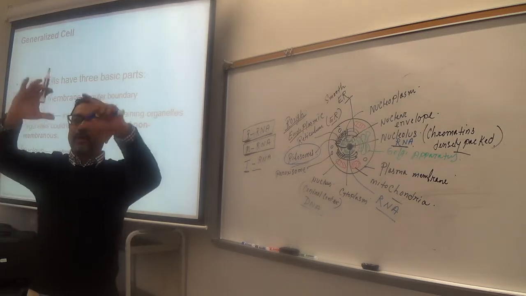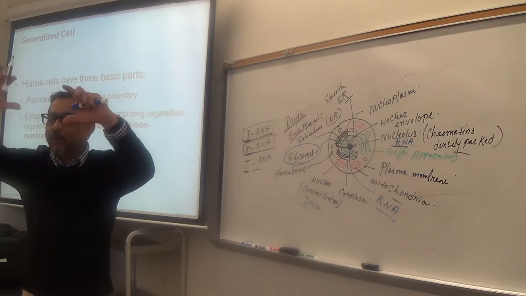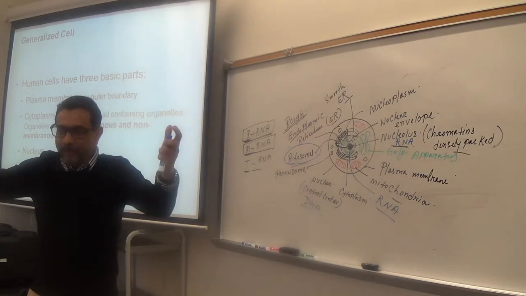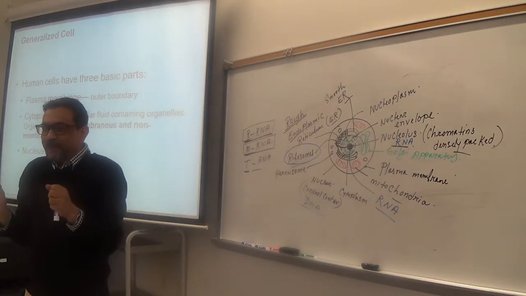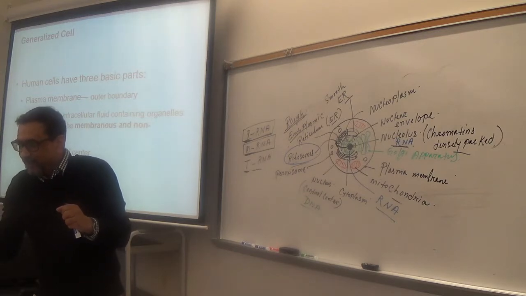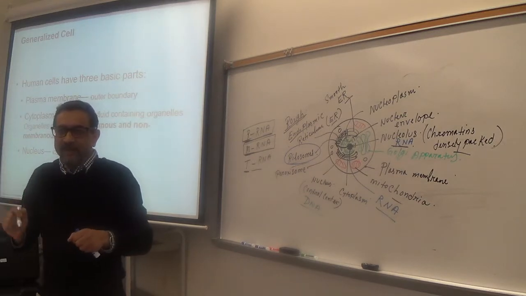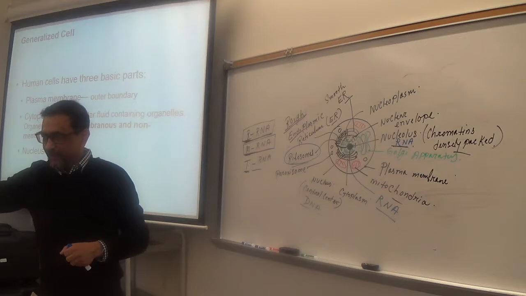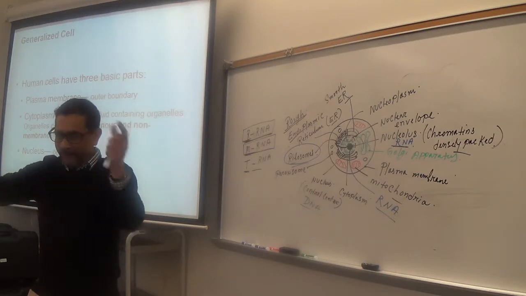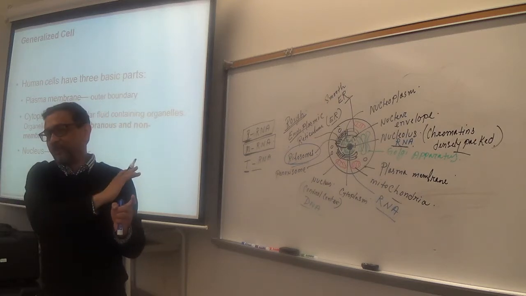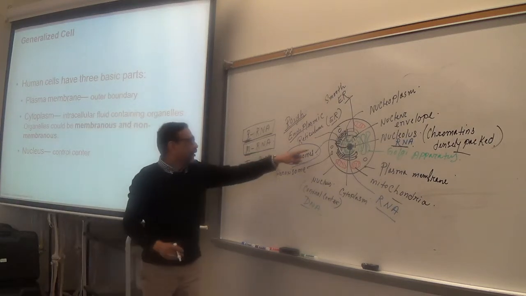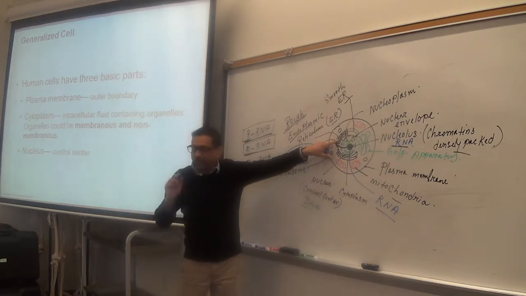Like, if you want to build a building, you need what? You need the plan, right? The plan is given to the engineers, or they make the plan, and build the house. Make sense? So it's very similar to that. Ribosomes manufacture the protein, right?